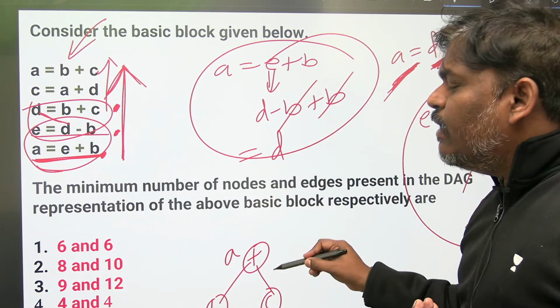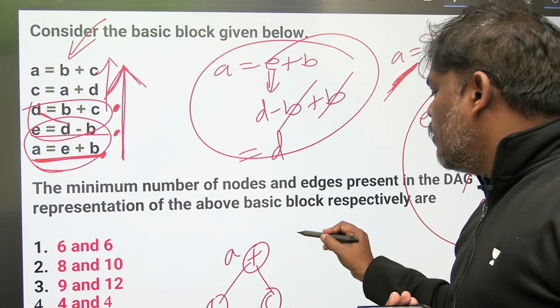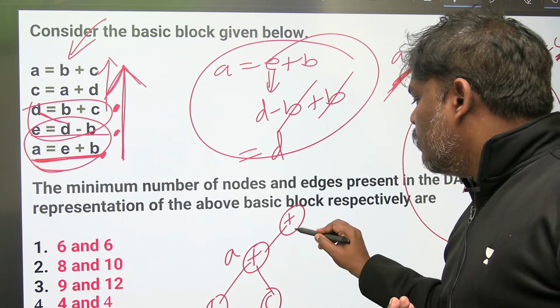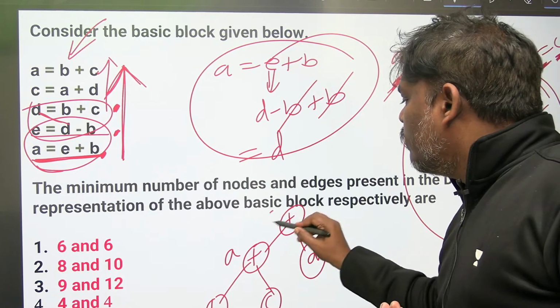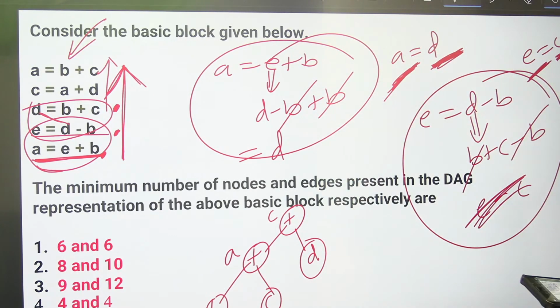Next one, A plus D is equal to C. That is also fine.